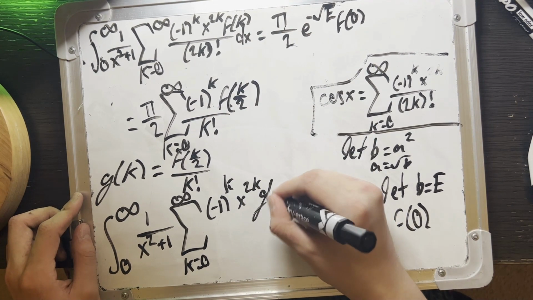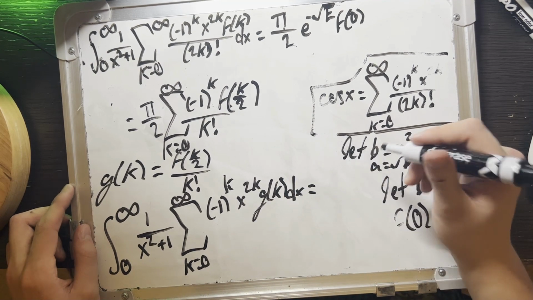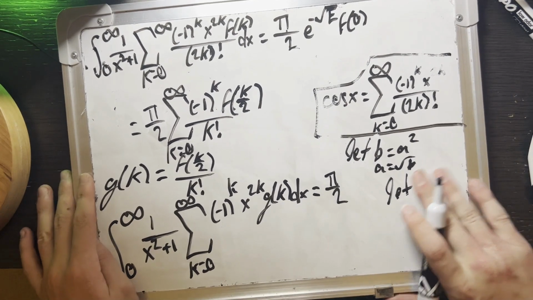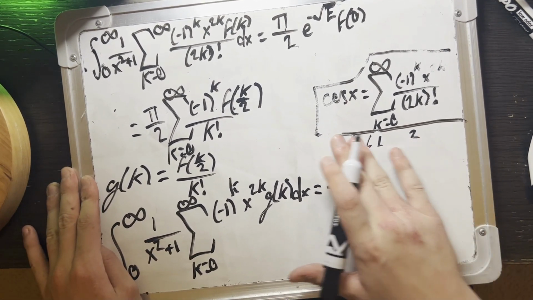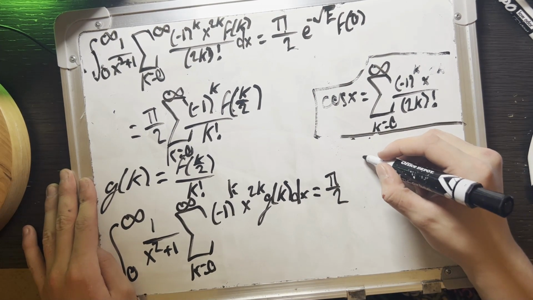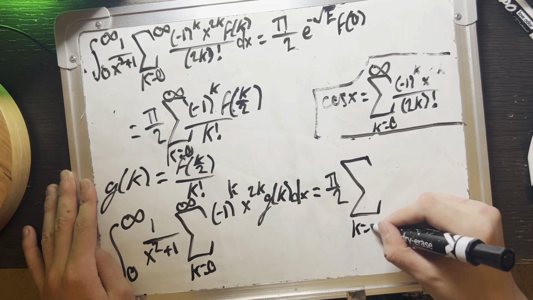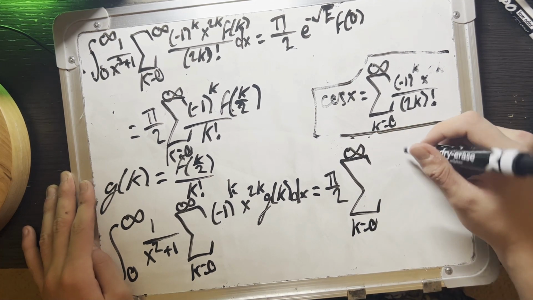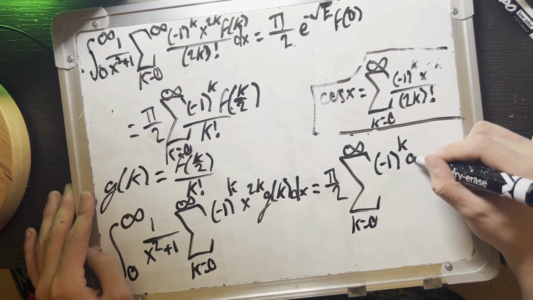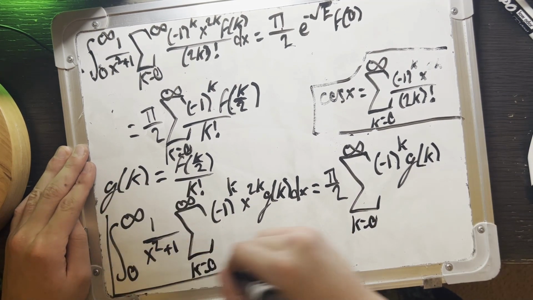Just put g of k, dx, equals pi over 2 times the series, k equals 0 to infinity, we have minus 1 to the k, that's going to be our g of k now. And that is it. This is Glaisher's master theorem.